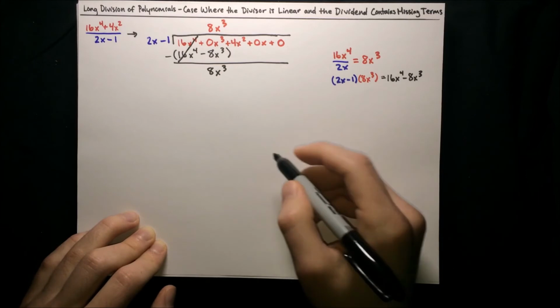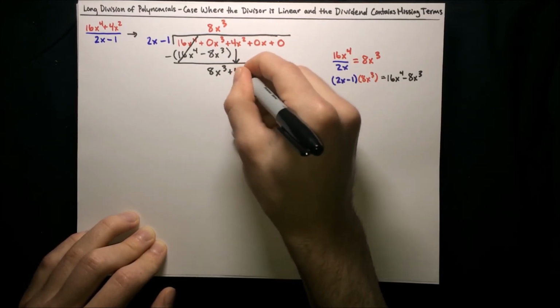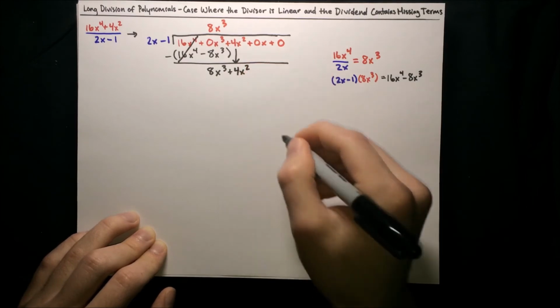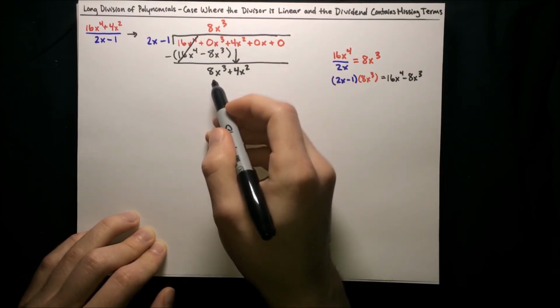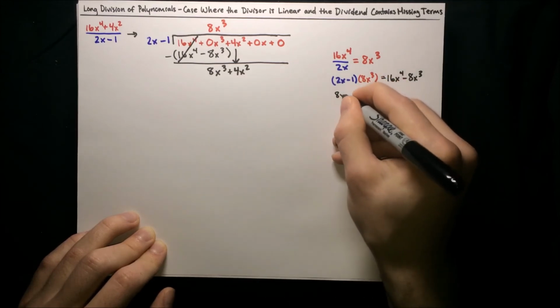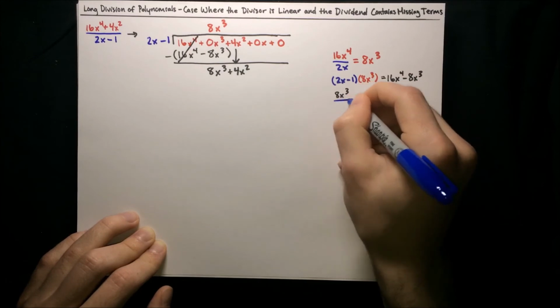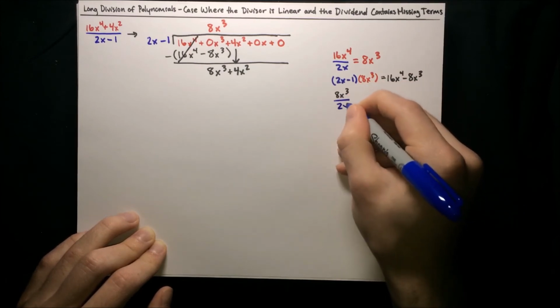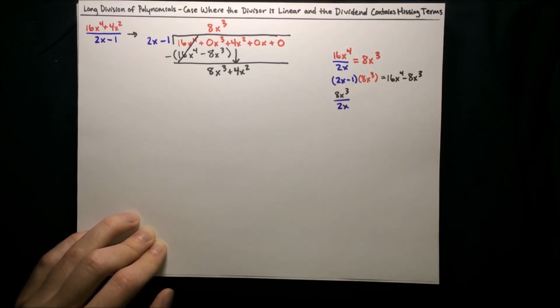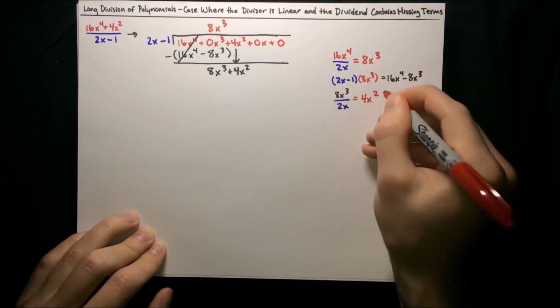All right, so now we bring down the next term here, plus 4x squared, and we repeat the process again. So we take the leading term here, highest degree term, 8x to the third, divided by the highest degree term of the divisor, which is just 2x, as we saw before. And when we divide, that comes out to 4x squared.